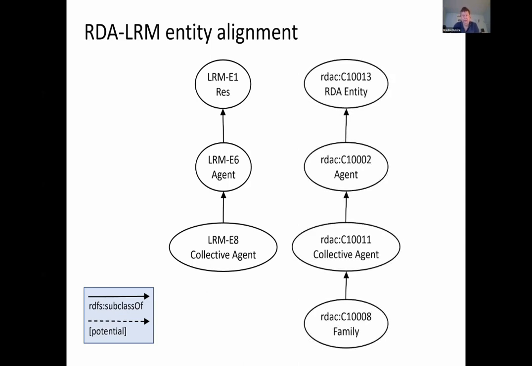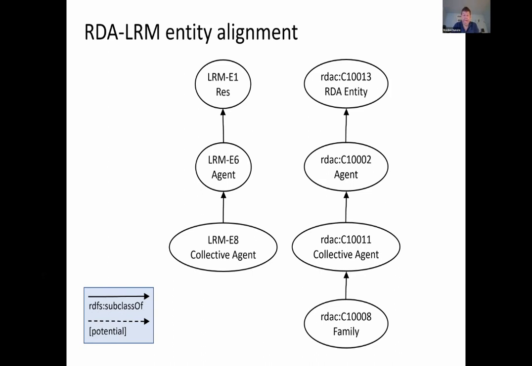This is the corresponding hierarchy of entities in RDA. Again, agent is in the middle of a hierarchy, and it does have a subtype for collective agent. But the top of the hierarchy is something called RDA entity, not res, and there doesn't appear to be much of a connection between them at first sight.